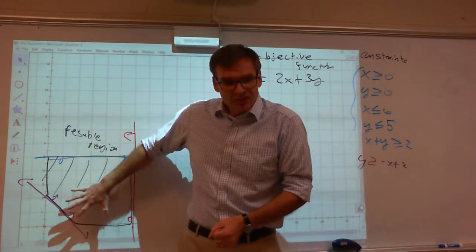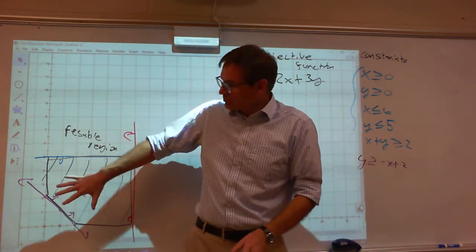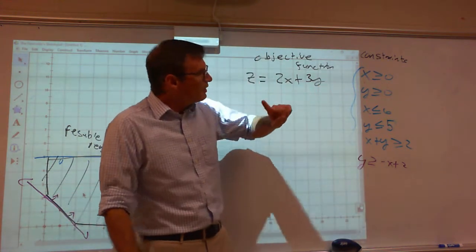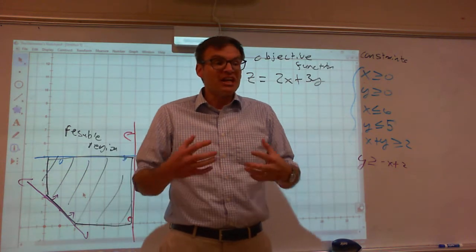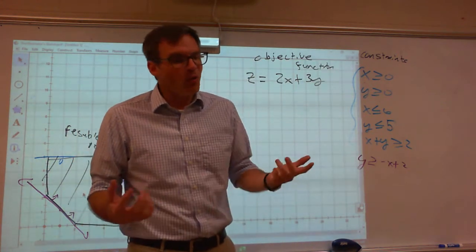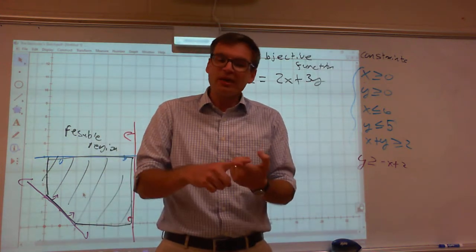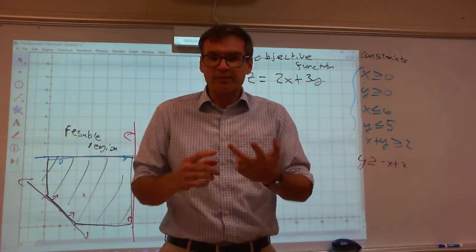And when you have a feasible region, this is basically everything that works, right? Then our next little part is called our objective function. Our objective function is our goal. What's our objective? And our objective is always one of 2 things. Either I want the biggest number possible or the smallest number possible. That's how it works, right?